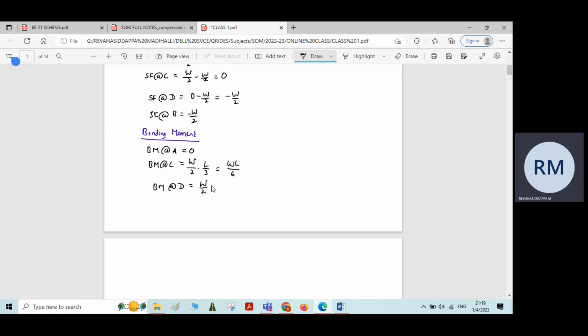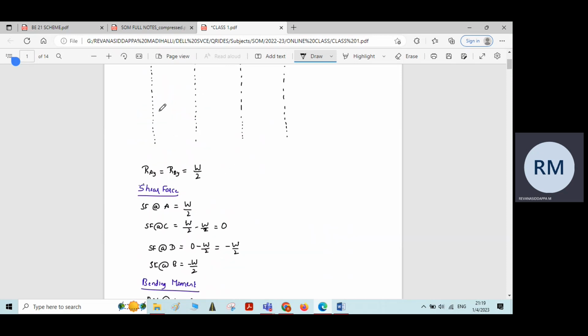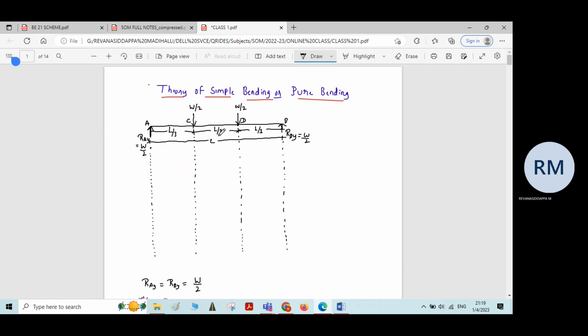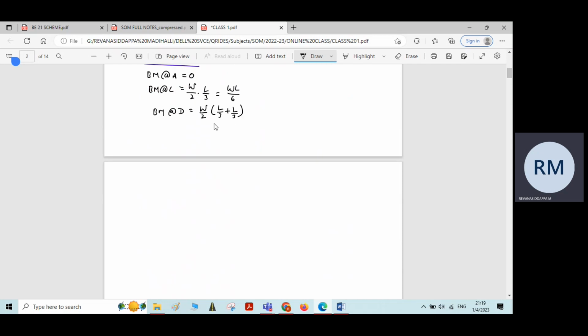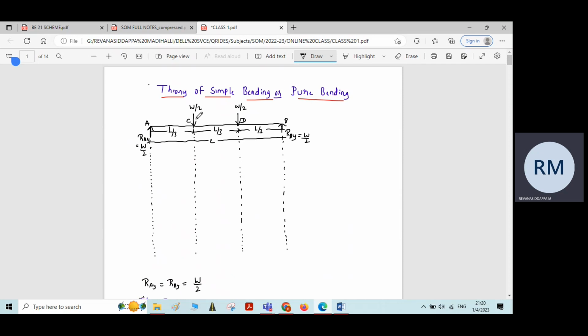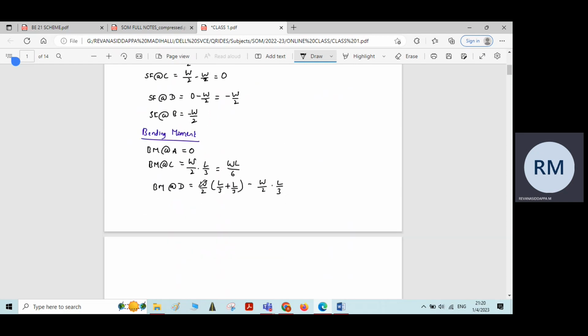L by 3 plus L by 3 is the perpendicular distance of this reaction W by 2 about point D. The moment of this W by 2, which is acting at point C about point D, is equal to minus W by 2 into L by 3. So negative sign is because this force acting at point C will cause anti-clockwise moment about point D. And this reaction W by 2 at A will cause clockwise moment about point D. That is why here it will be plus sign.